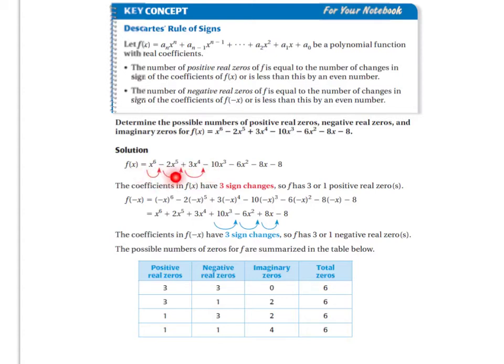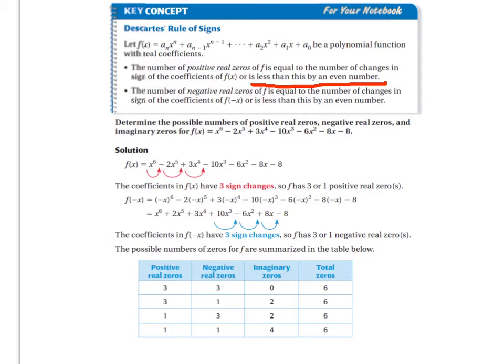So when f of x has 3 sign changes, then we can expect to have 3 positive zeros. But it could also have less than this by an even number. So it could also have 1 real solution. So right down here in this chart, it tells us it has 3 positive real zeros, or it could have 1. It goes down by an even number.